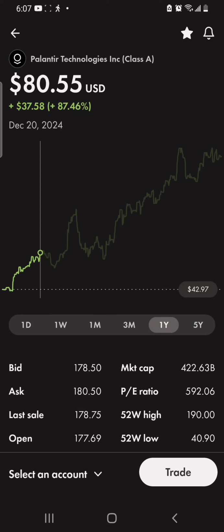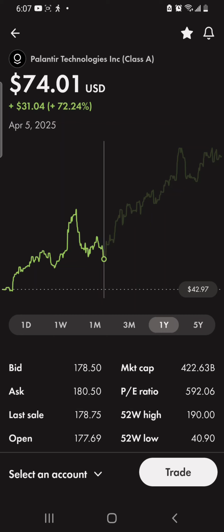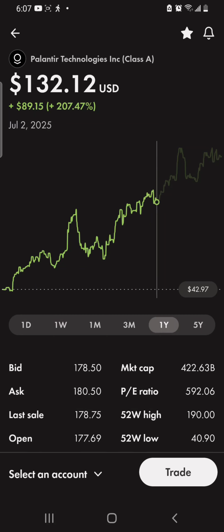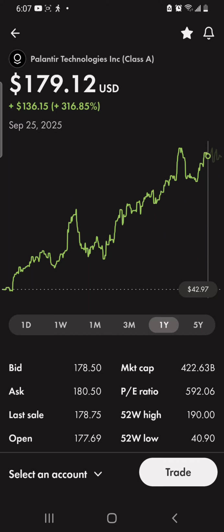There it is. And then if you had left $1,000 in when it was $80, today you would have made 300. If you look below in green, you see 313%.